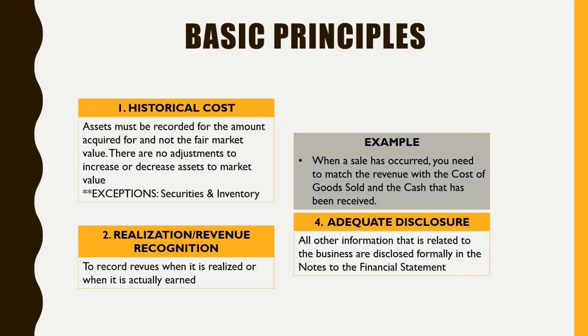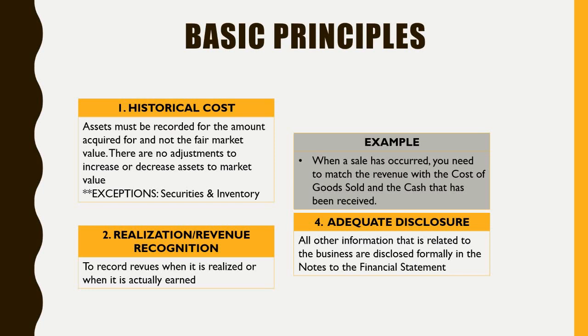You're going to make sure that your revenue is equal to your expense, the cost of selling that item, plus the amount of profit that you gained from it. And that's the matching principle. Any questions there? No.